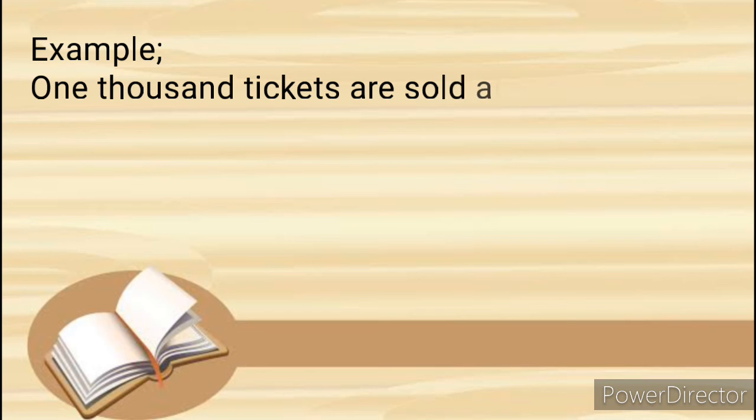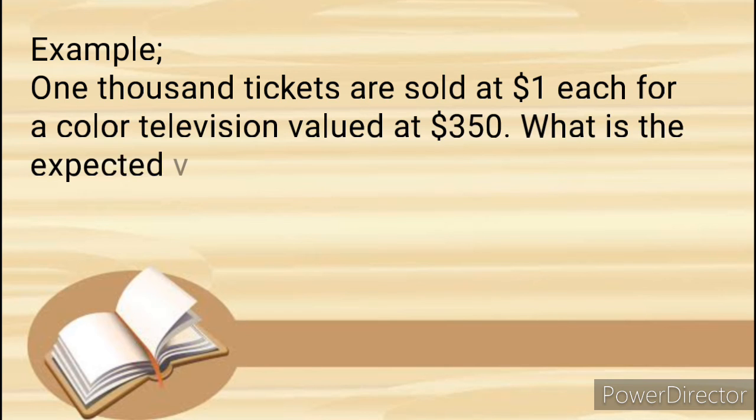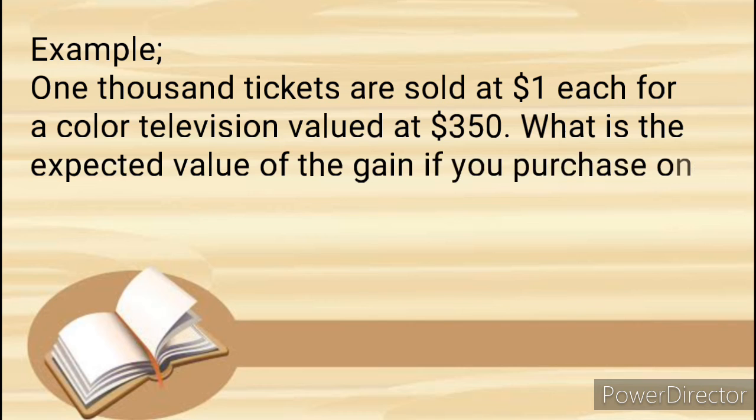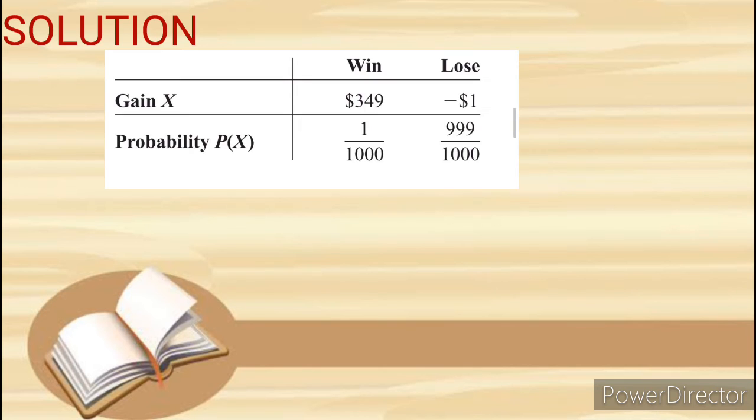Let's have an example. 1,000 tickets are sold at $1 each for a color television valued at $350. What is the expected value of the gain if you purchase one ticket? Solution. The problem can be set up as gain, or the outcome of win, is $349, lose -$1.